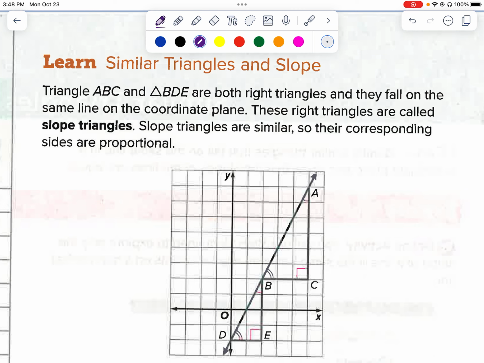Triangle ABC and triangle BDE are both right triangles, and they fall on the same line in the coordinate plane. These right triangles are called slope triangles. That means they're similar, so their corresponding sides are proportional.